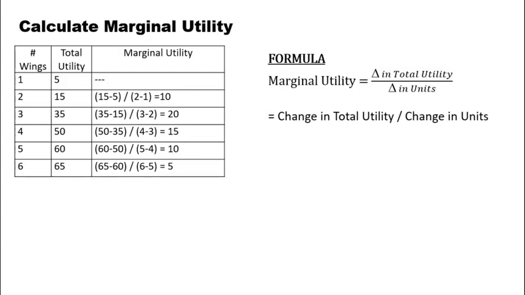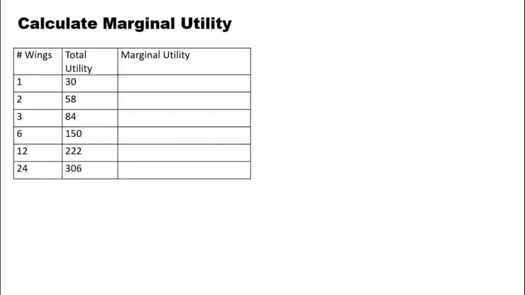So let's take a look at one more marginal utility calculation. In this one, as you can see, the number of wings is not rising by just 1. We have different values as we consume, and our total utility is at various numbers, but they go up as we go.